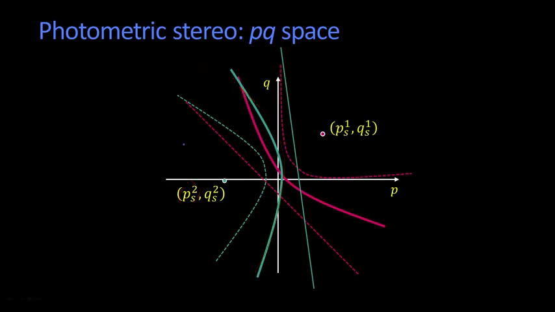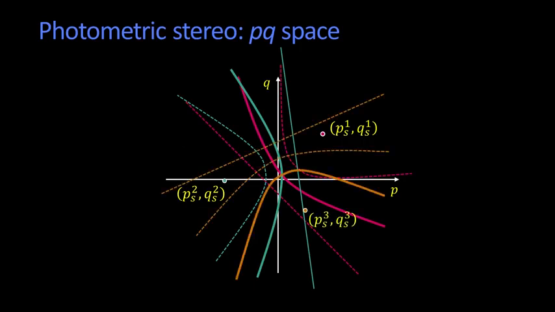Well, that's troubling. What do we do to make it come to one place? Well, we just put down a third light source. All right, and if everything is calibrated and working correctly, then the orientation of that point and the albedo are recovered as being exactly that location. So that's the geometric description of photometric stereo.